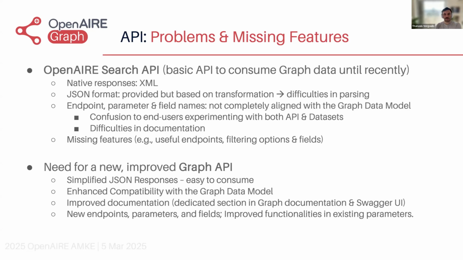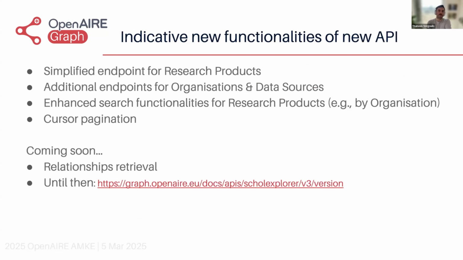And on top of that, we are also providing a Swagger UI that you can use to play with this API and test it in practice with simple scenarios before building something more powerful based on the same API. And of course, we try to provide new endpoints, new parameters and fields to improve the functionalities that we already had for the existing endpoints and parameters.